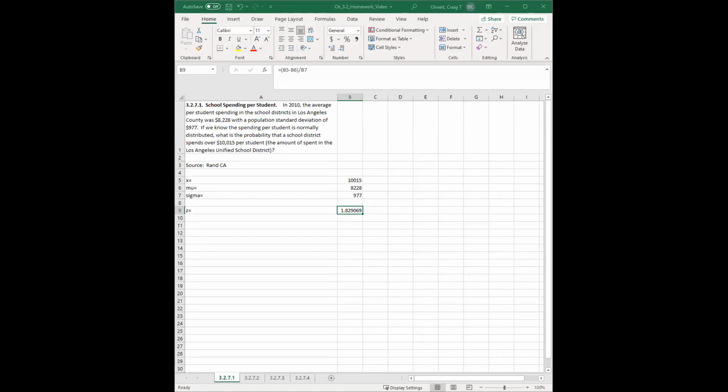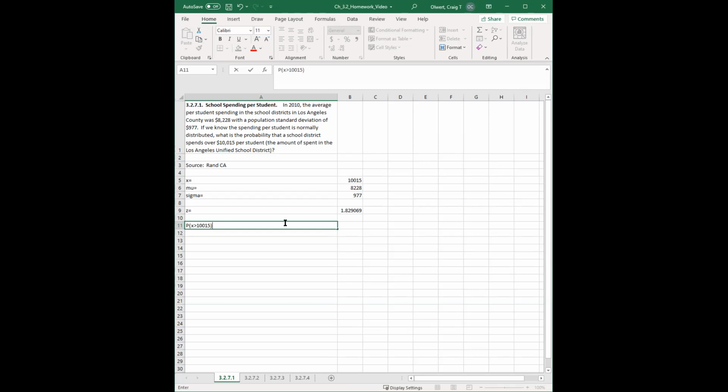We will write it more formally because we cannot show it on the graph. Then we'll use Excel formulas to solve it. So more formally, we are trying to find the probability that X is greater than 10,015.